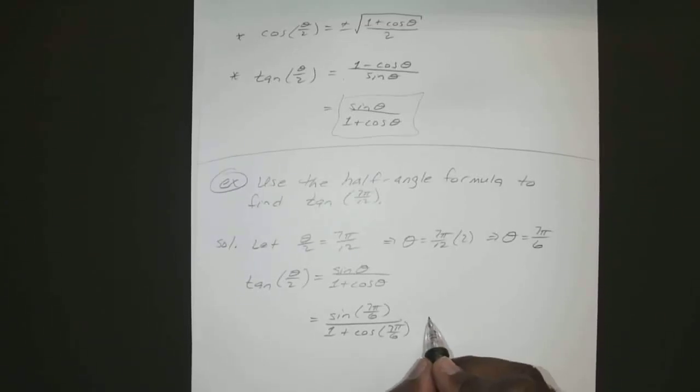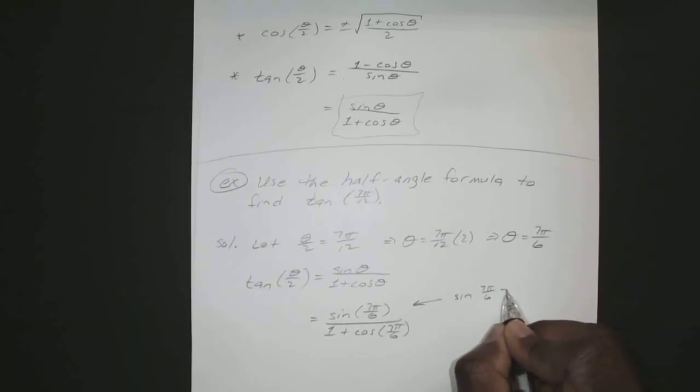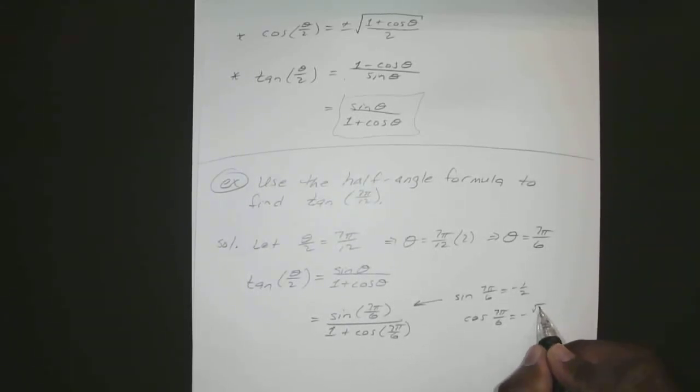Okay. So sine of 7 pi over 6 is negative 1/2. And cosine of 7 pi over 6 is negative square root of 3 over 2.